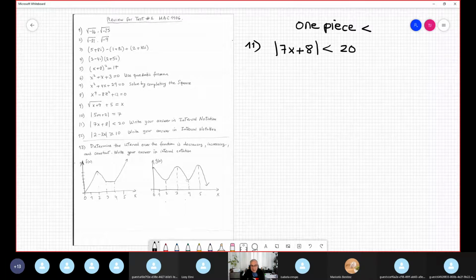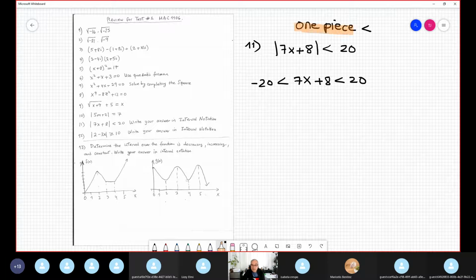Well, actually, it is a compound inequality. So you immediately remove the bar, you copy 7x plus 8, between positive and negative 20. So actually, this is a compound inequality. But the problem is that the solution for this compound inequality contains only 1 piece.